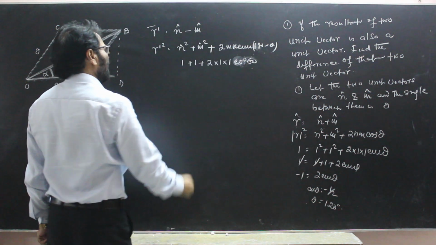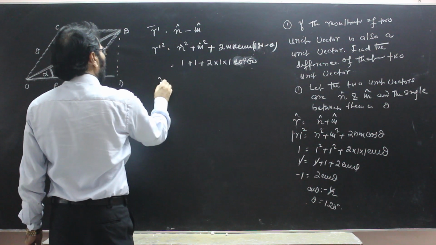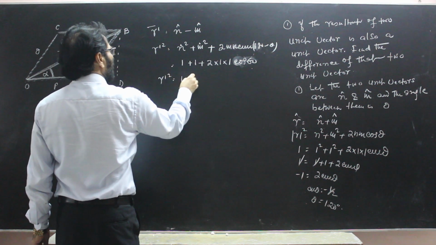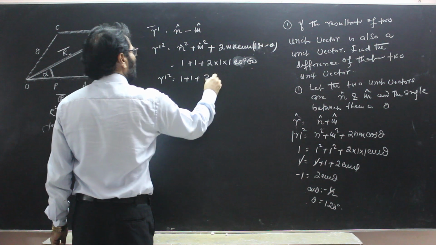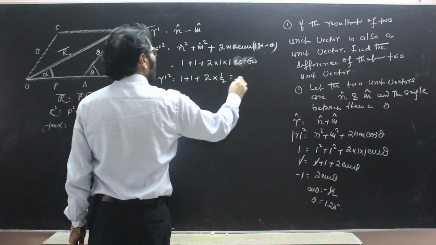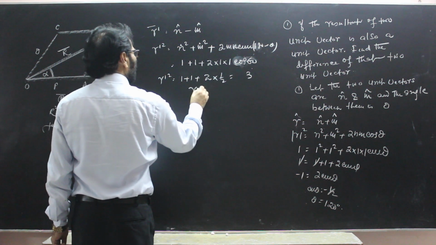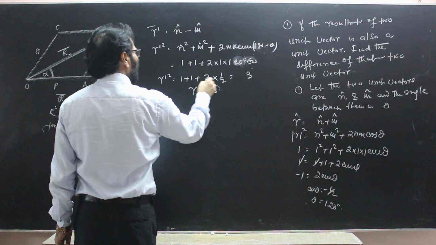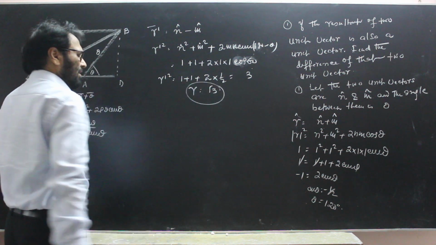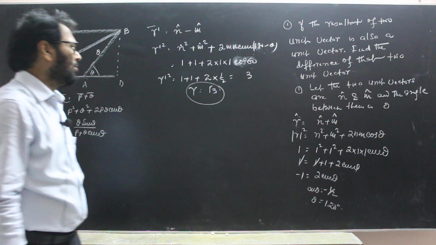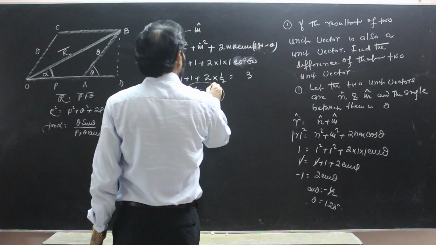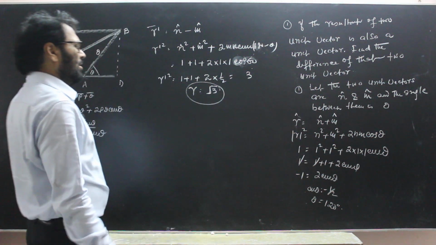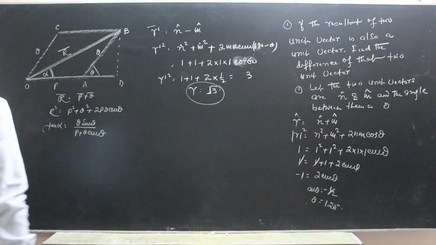So now r dash square is 1 plus 1 plus 2, cos 60 is half, that is 3. So the difference of the two unit vectors has a magnitude equal to root 3 unit. So this is all about your difference.